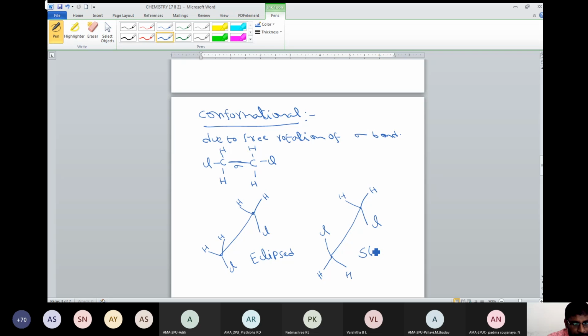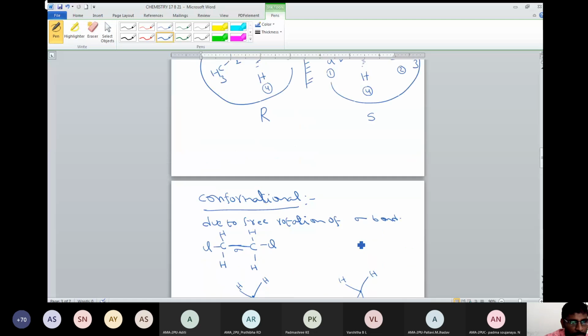Staggered. So this is conformational isomerism. In haloalkanes, whenever a carbon-carbon single bond is there, it will freely rotate and exhibit conformational isomers. If both are on the same line, that means Y and Y, eclipsed. One is Y and one is inverted Y, that is called staggered.